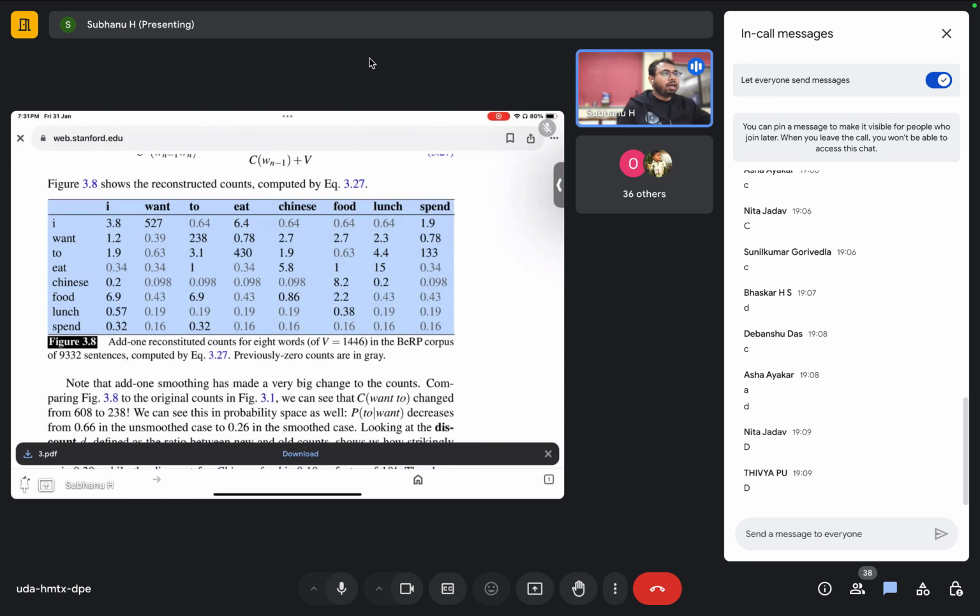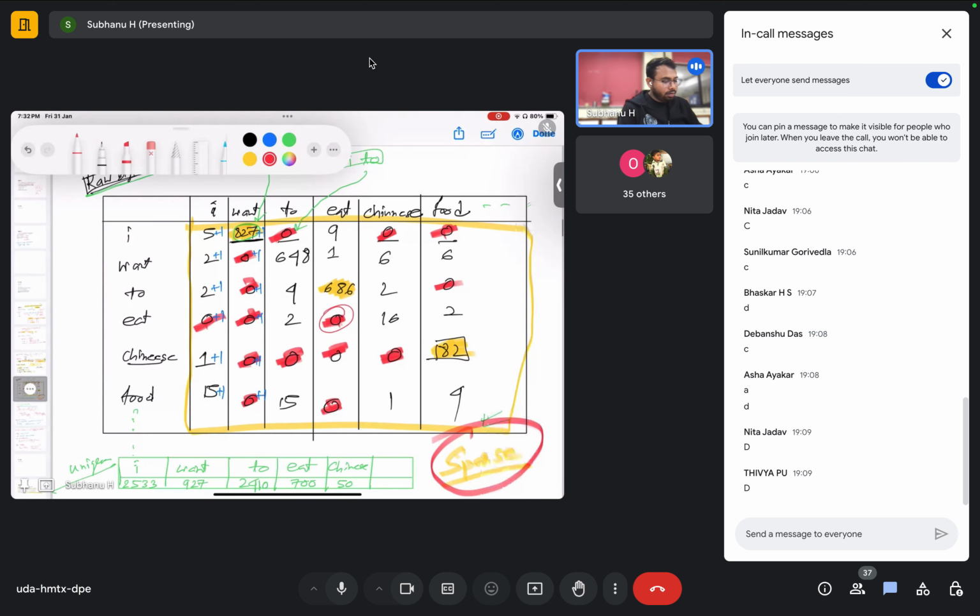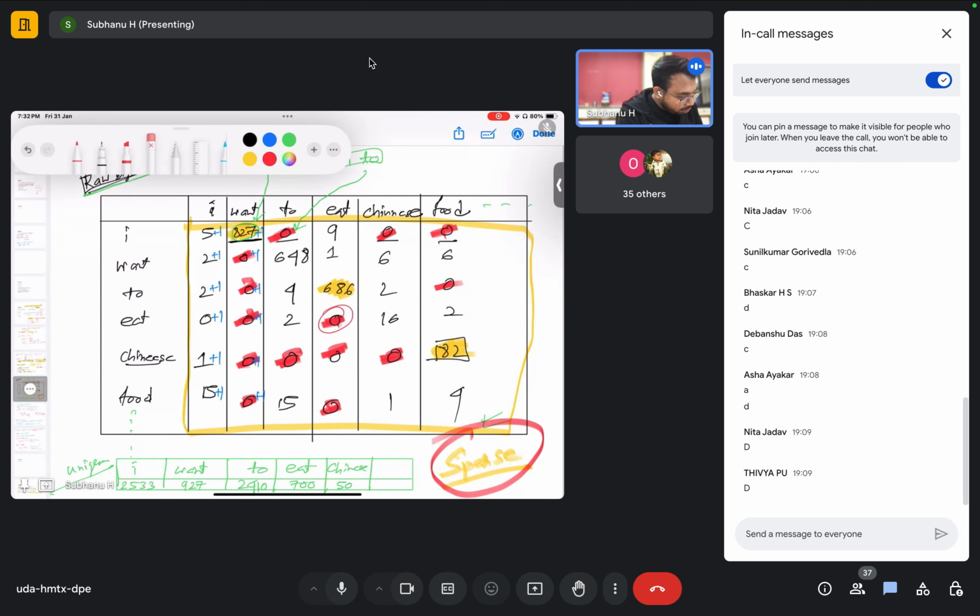Now there is something we need to see, what is happening here. We can compare this diagram before and after smoothing.